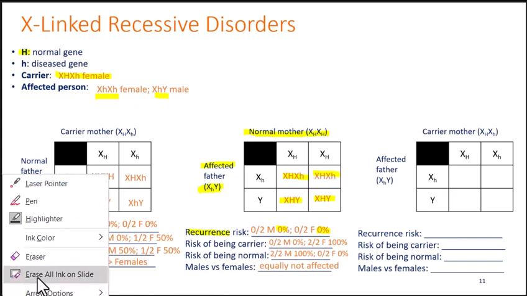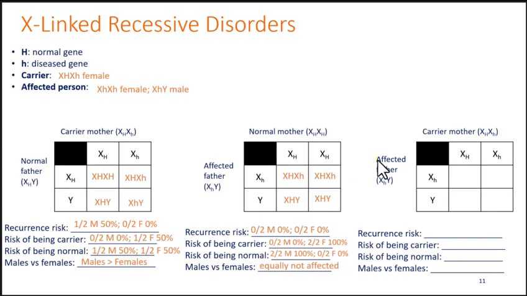And let's look at our final example now, where we have still an affected father, but now we have a carrier mother for that condition. Let's look at the Punnett square. Let's look at recurrence risk. So looking back to affected person, and this is what we're looking for.